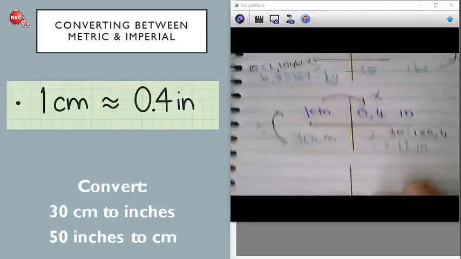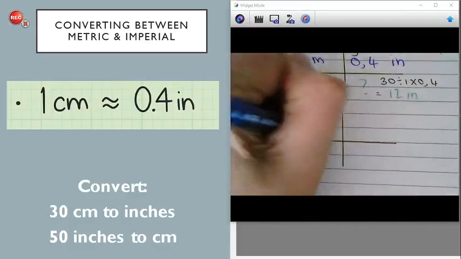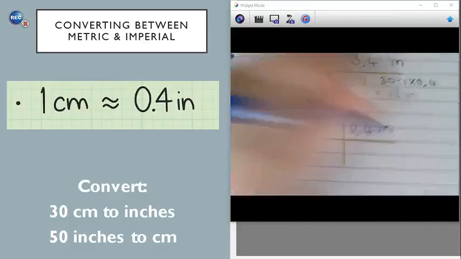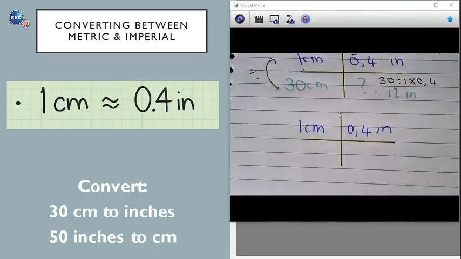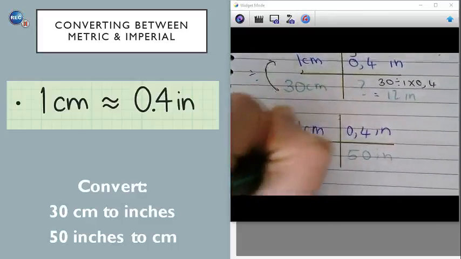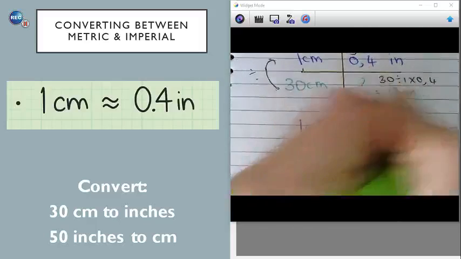And then the last one, let's hope that you all get it. First of all, I write my conversion factor. 1 centimeter equals 0.4 inches. Now they're asking me to convert 50 inches to centimeters. So centimeters and centimeters go together, inches go together. So what are we going to do now? Same as always.